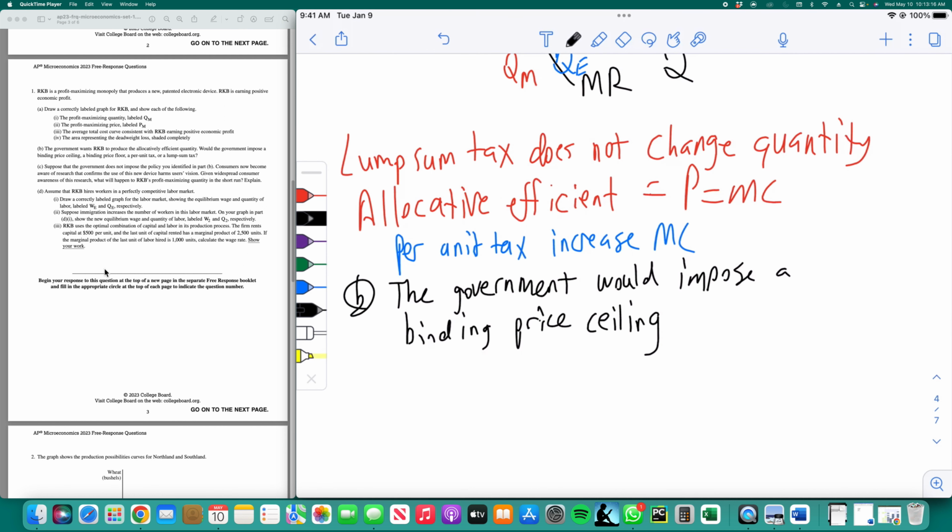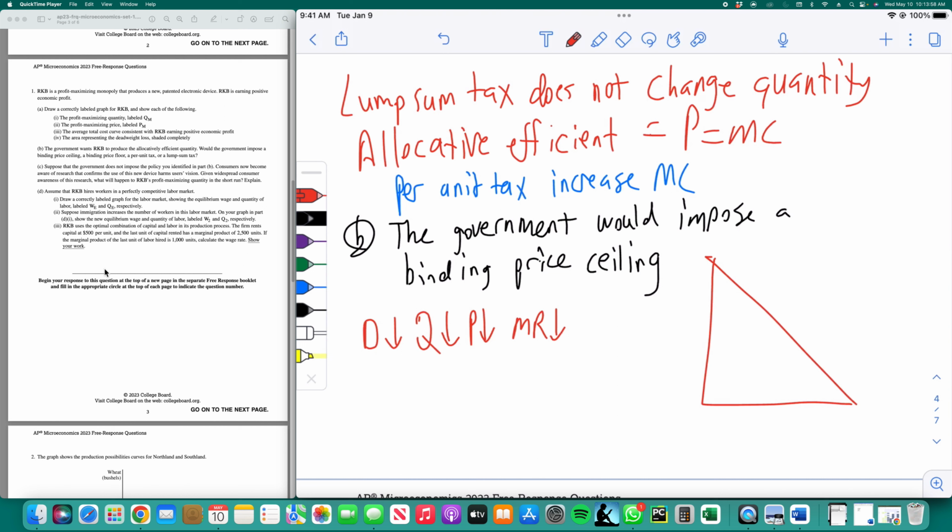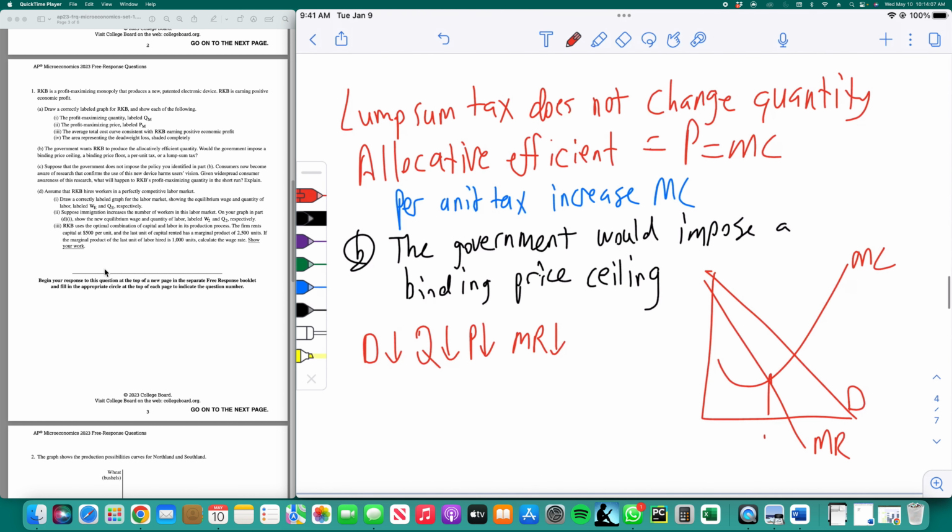Now, this also will decrease the marginal revenue. And if your marginal revenue goes down, that's going to decrease your quantity. Now, what we mean by that is that here is your demand and your marginal revenue, and here's your marginal cost. So this QM here is your quantity.